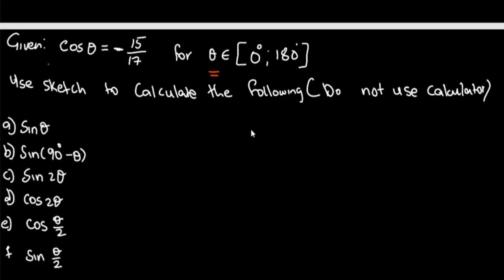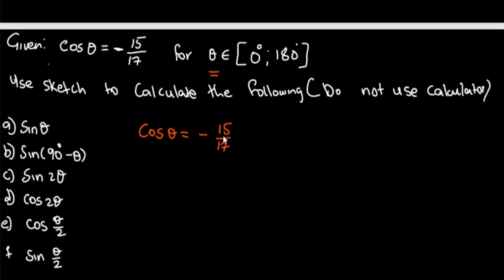In order for us to draw a diagram, I first need to analyze the given information, that cos theta is equal to negative 15 over 17.